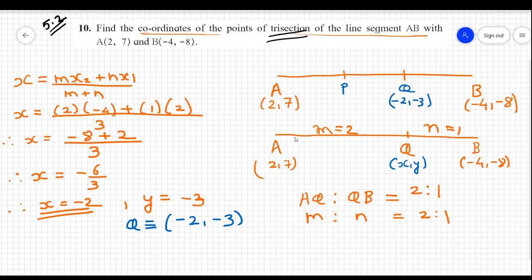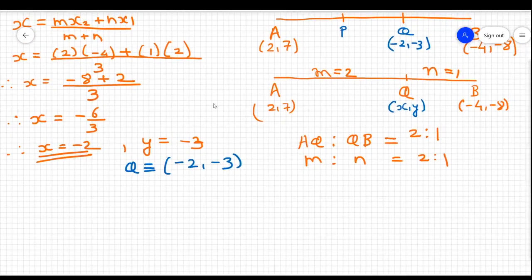Now what is left? Now we have to find P. Think in the same manner again. I know the coordinates of A and I know the coordinates of Q. Let me draw another diagram.